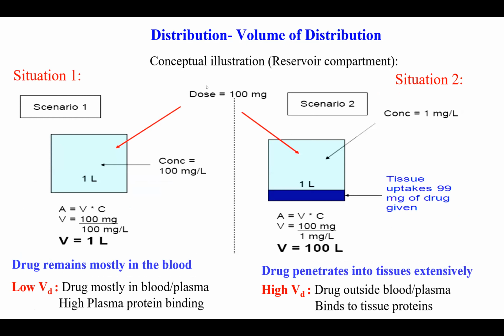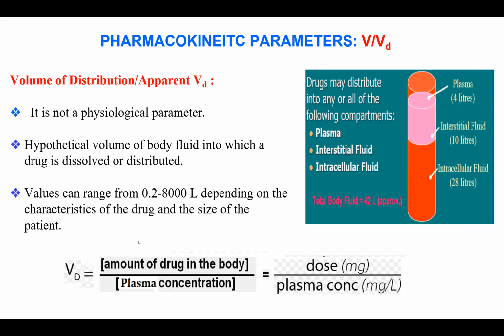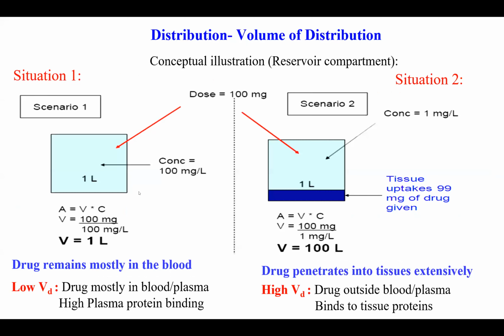We have here scenarios, examples of drugs. The dose is 100 milligrams, and the blood plasma concentration is 100 milligrams per liter. We can compute the volume of distribution using this formula, dose over plasma concentration. So, 100 milligrams is the dose administered to the patient, and after a certain time we measured the plasma concentration, and that's 100 milligrams per liter.